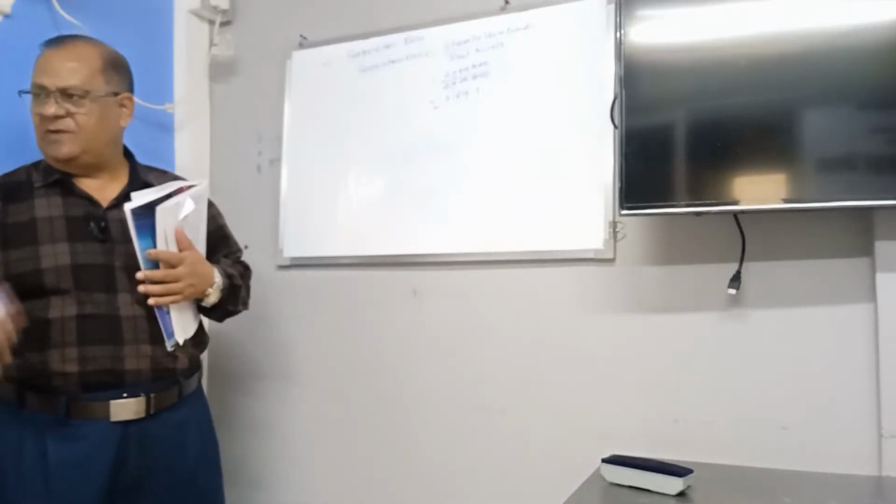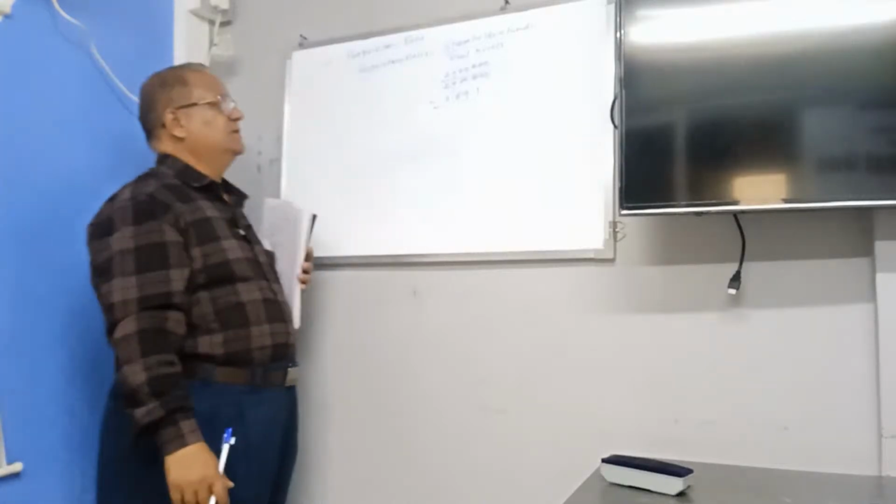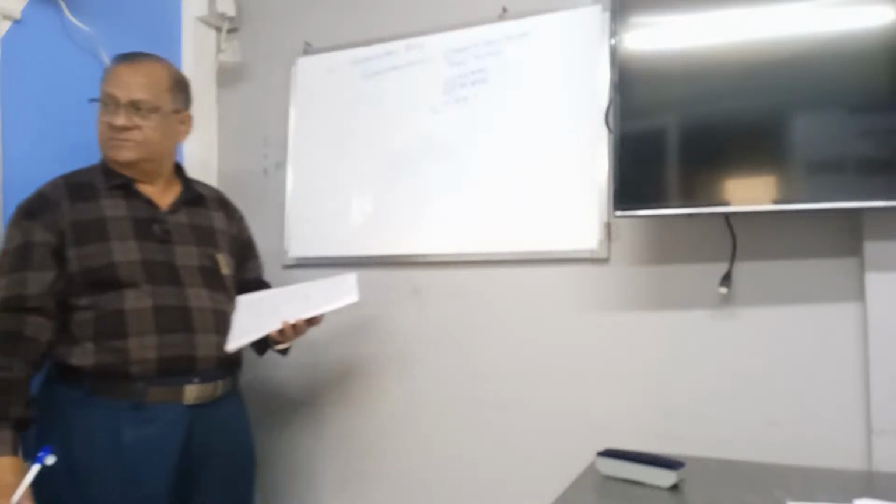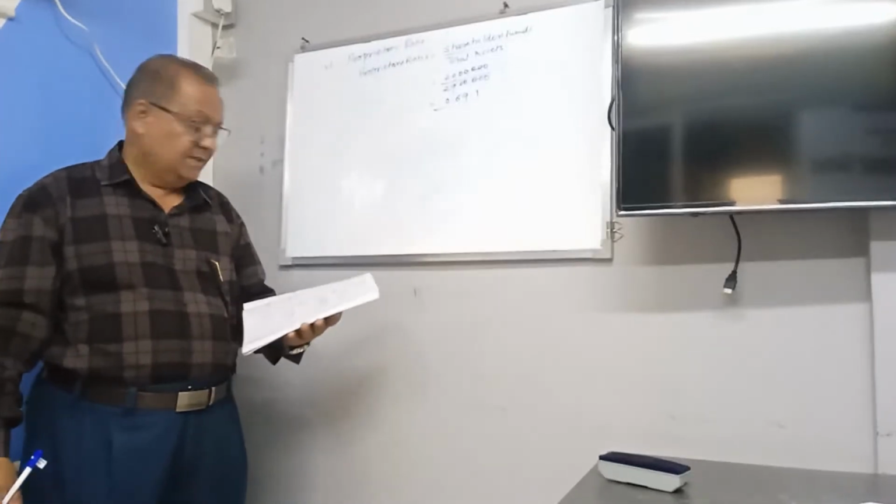Because more than 5 you have to add 1. So 0.69 is to 1.